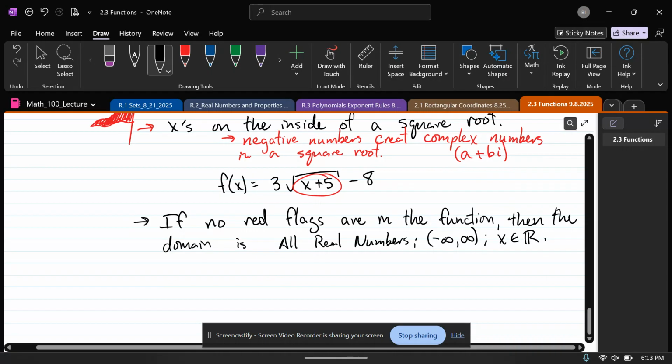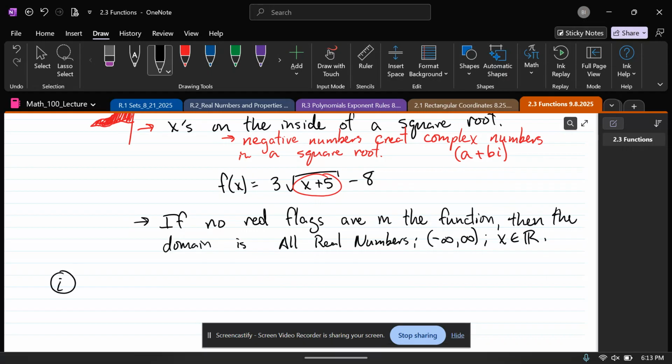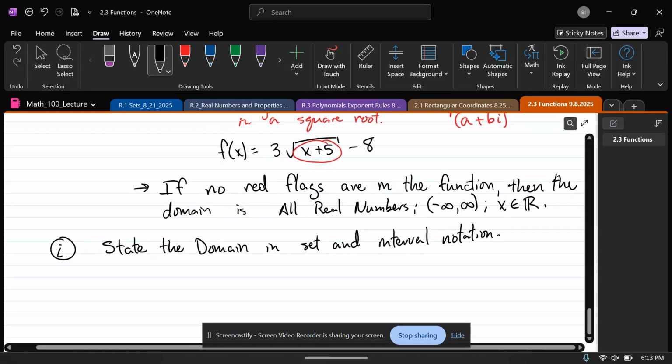So let's get an example. I think we're on example I. The instructions are: state the domain in set and interval notation. So this is where we start learning a little bit of notation stuff. Here is our function. f of x equals 3x plus 4.